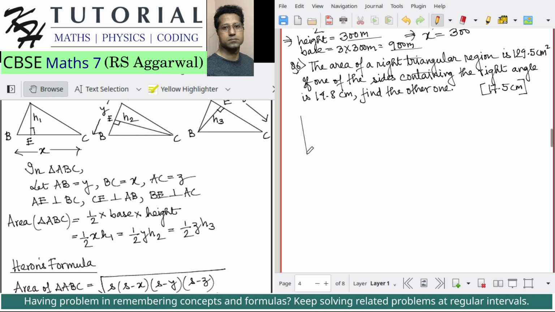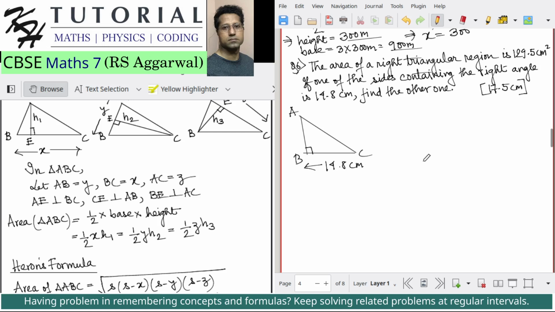So if you roughly draw the right angled triangular region, let's say ABC. So this is the 90 degree. It is given that the area is given, and if one of the sides, so one of the sides means either AB or BC, we can consider any one of them. Let's say BC is 14.8 centimeter.